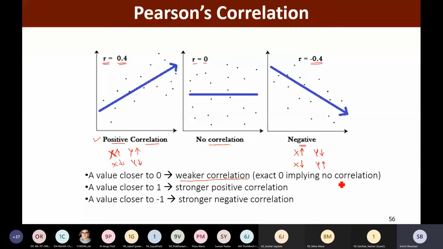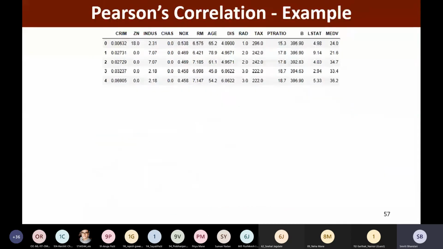If it is exactly 0, then there is no correlation. If the value of R is closer to 1, then we say that it is stronger positive correlation. And if the value is closer to -1, then we say that it is a strong negative correlation.